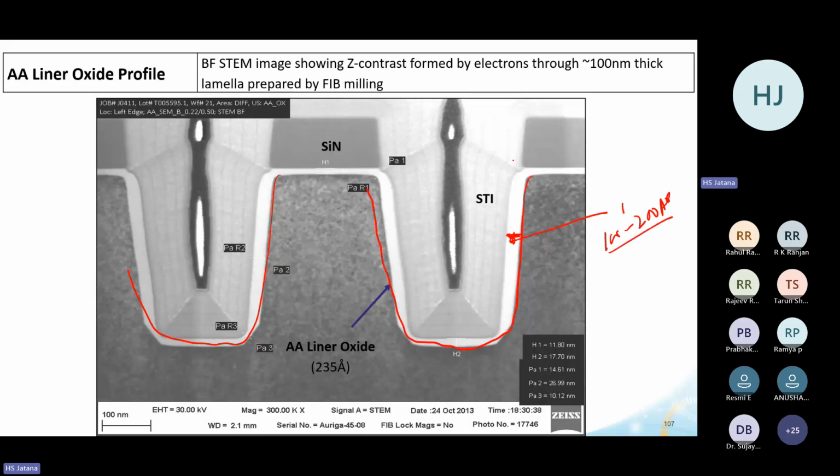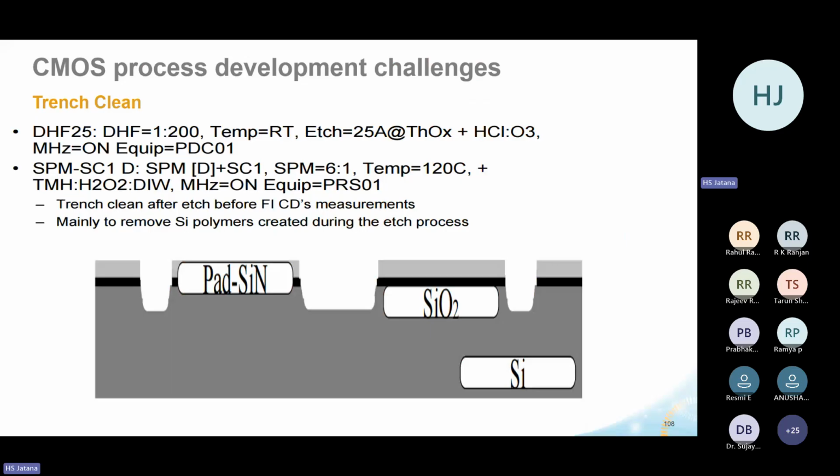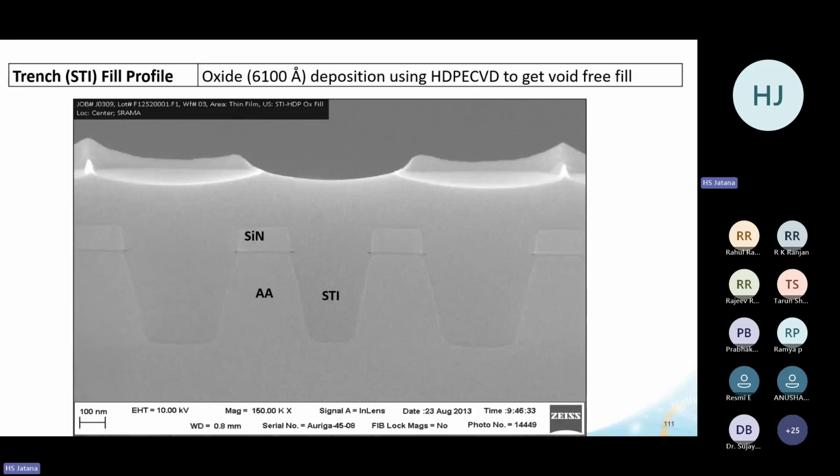Then you will put a high dense dielectric on top of this, and then trench clean and all those things. So this is how the various specifications will go.